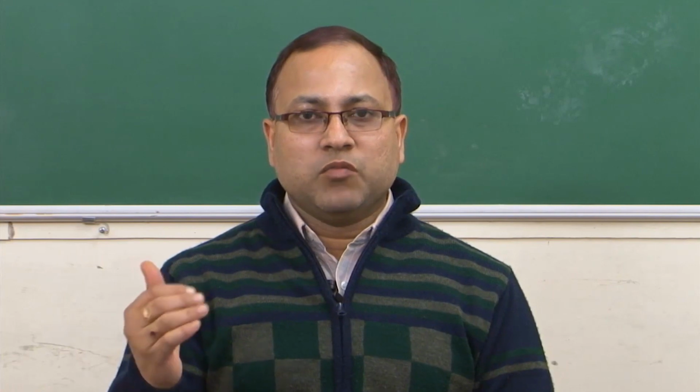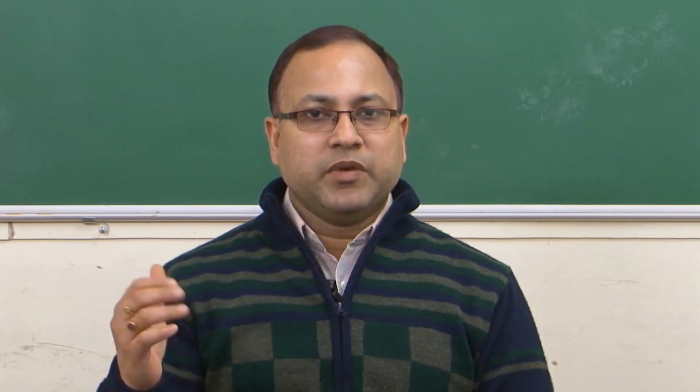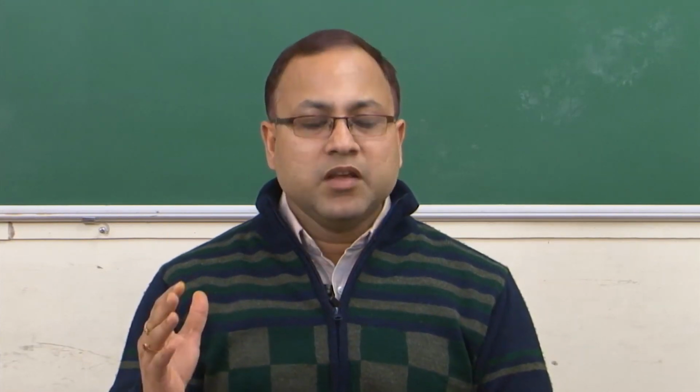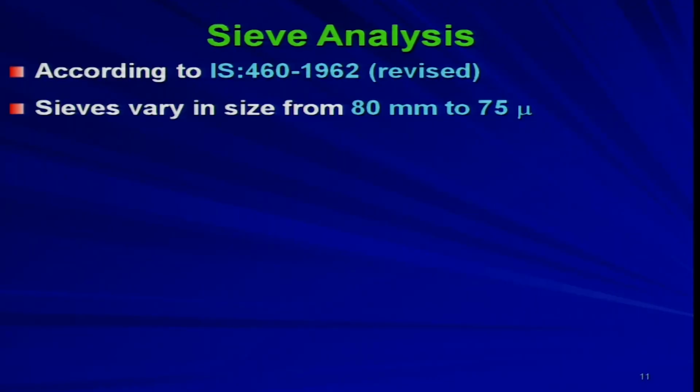Then we find out how much soil is retained on each sieve, and based on that we do some calculation, and ultimately we get the grain size distribution from the sieve analysis. This is basically the laboratory experiment. However, in this course we will be talking about how to get this sieve analysis done.